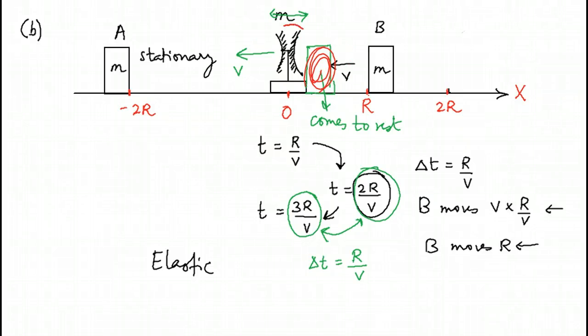But something is going to happen to the mirror stand system because it's moving with a leftward velocity of v. So obviously the mirrors will move by a distance of r by v, that's the time interval, multiplied by the velocity v. This time it is the mirror stand system.